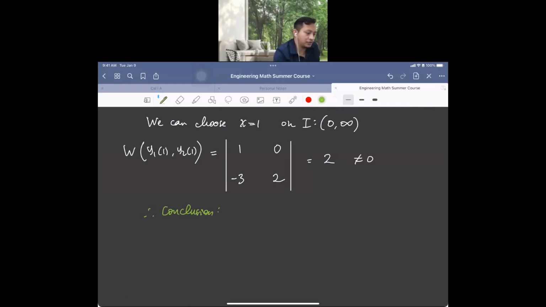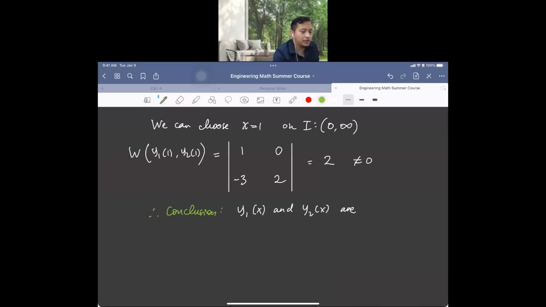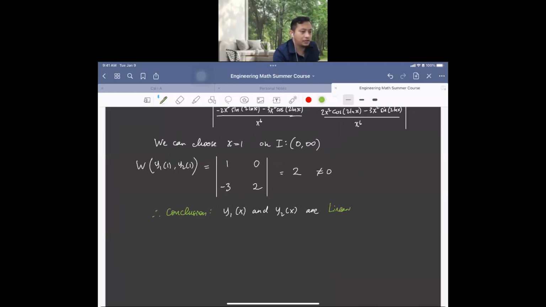And it is sufficient that the conclusion from this Wronskian is just to say that our y1(x) and y2(x) are linearly independent on the interval 0 to infinity. Just using one example of x, it's sufficient to conclude that it's linearly independent.